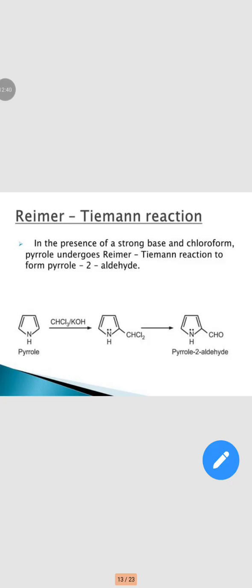The aldehyde group is obtained at the second position. The strong base is KOH, with chloroform CHCl3, in the Reimer-Tiemann reaction.